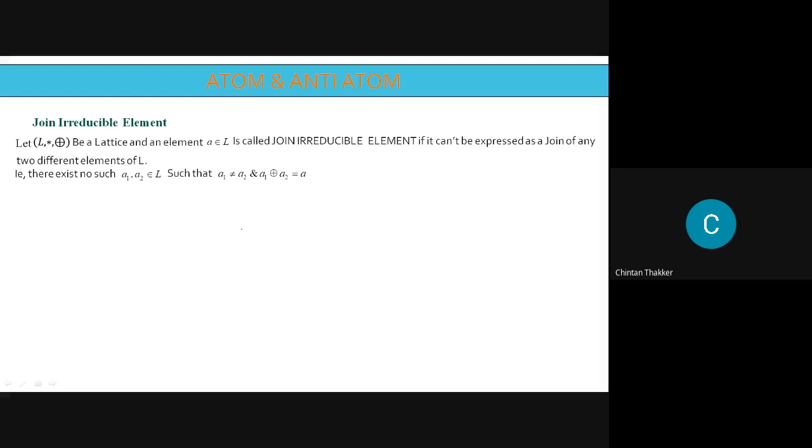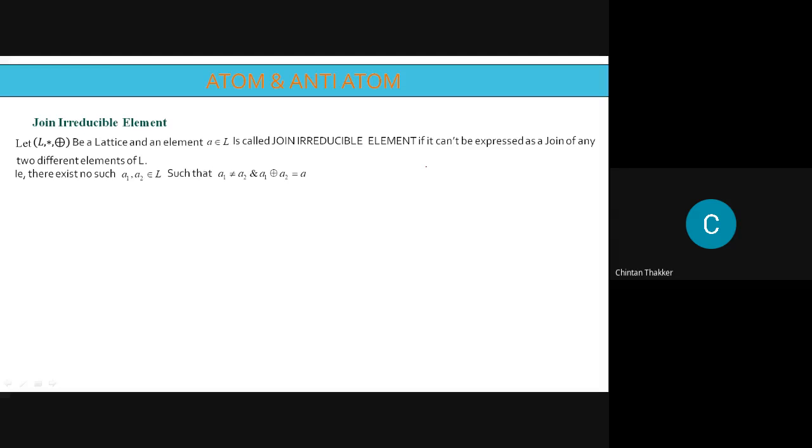Let (L, star, ring sum) be a lattice. An element A belonging to L is called a join irreducible element if it cannot be expressed as a join of any two different elements.